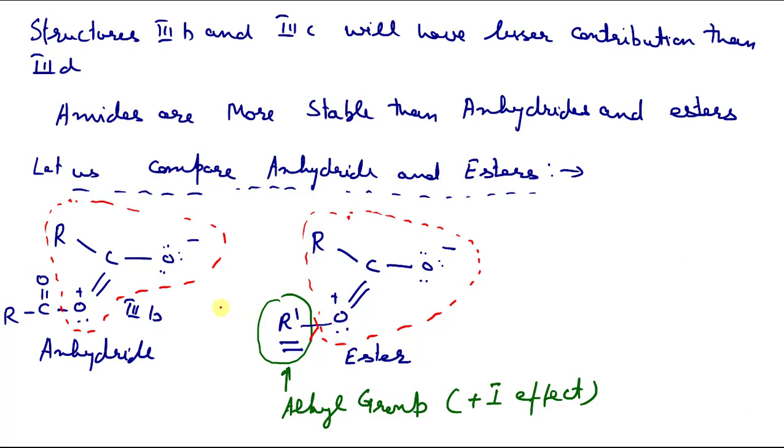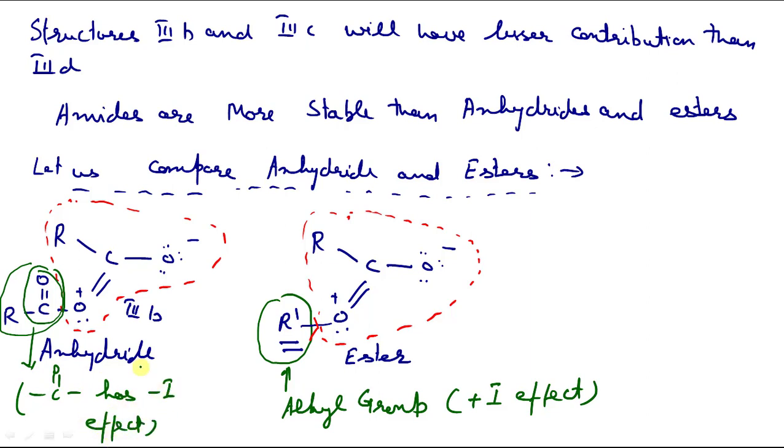Now let us see in case of anhydride, we have this RC double bond O group. Basically, a carbonyl group is immediately attached to oxygen. Now this carbonyl group has minus I effect.